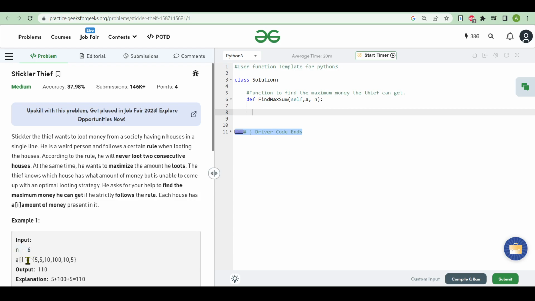First house has 5 units of money, then 5 units, then the third house has 10 units of money, and the maximum units of money is with house number 4 from the starting, if we count from 1.